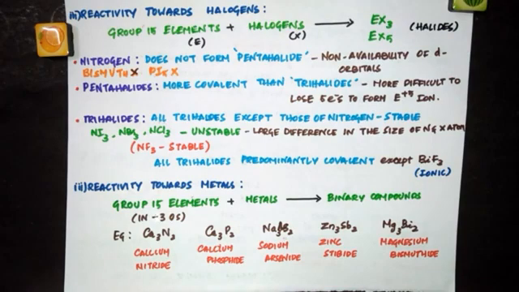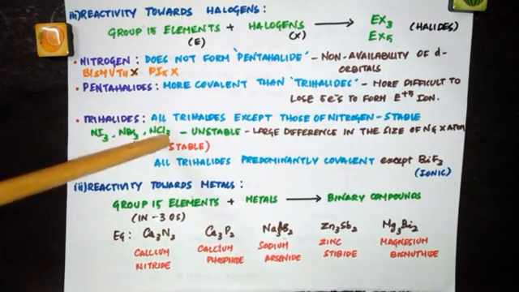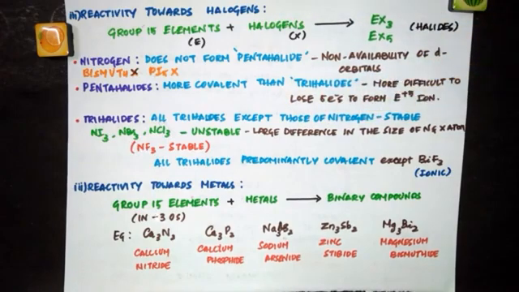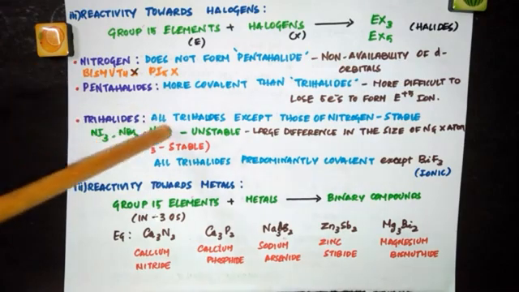Now coming to trihalides. All the trihalides like PCl3, AsI3, BiF3, all these are very stable in nature, except the trihalides of nitrogen. When you take the trihalides of nitrogen like NI3, NBr3, NCl3, all of these are unstable because of the large difference in the size of nitrogen and the halogen atom.